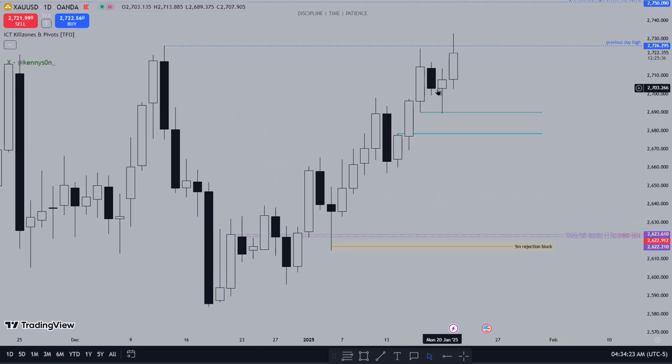See, we did that. We traded right to the BC because that was my drawn liquidity after trading to -1 deviation previous day high.